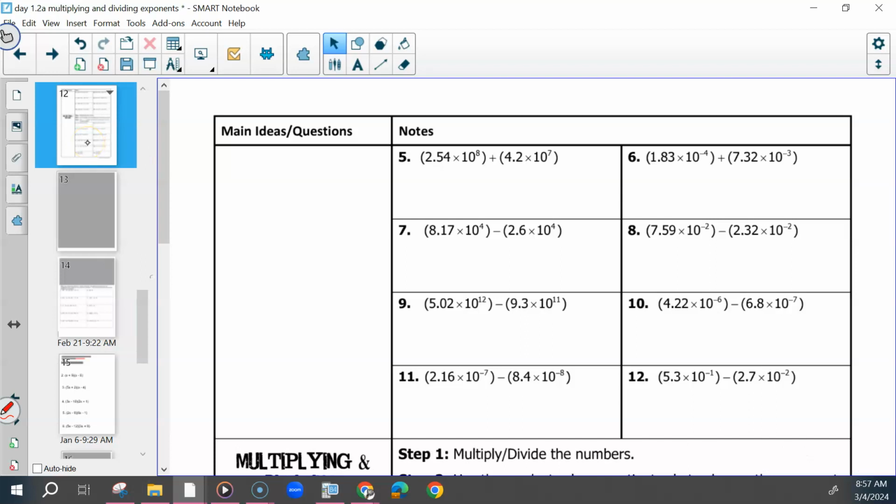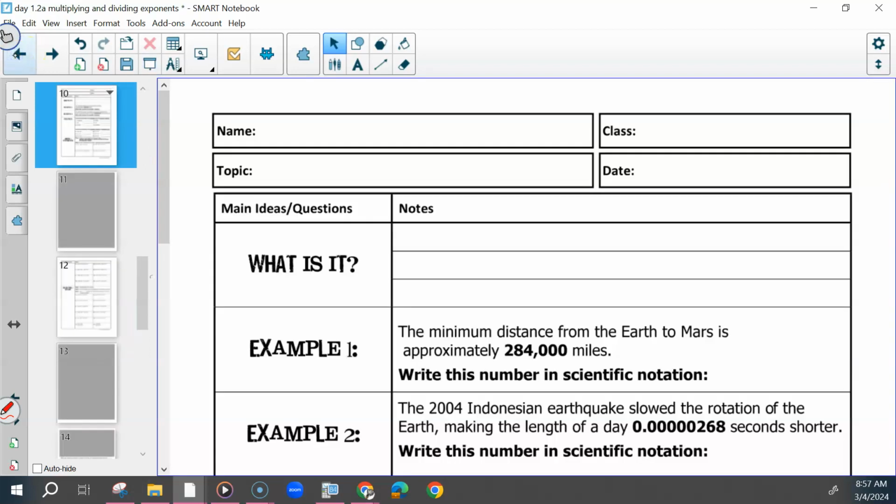Alright, so in your notes from last class, find this. Did we talk about scientific notation last class? No, so we're good. Yes. Anyone else need another one?